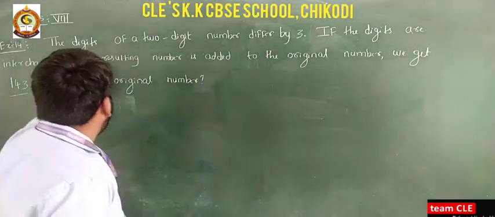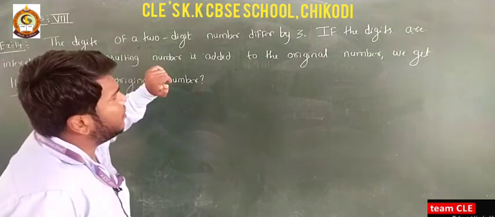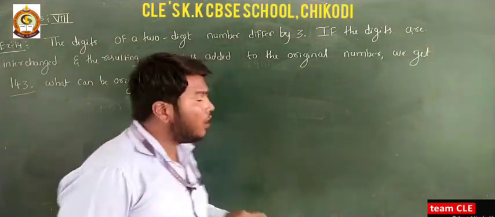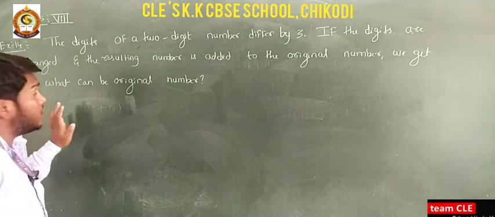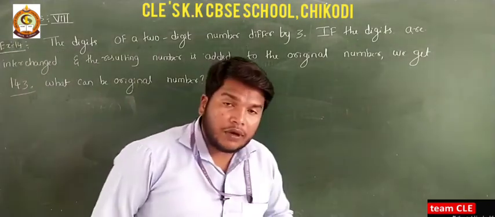If the digits are interchanged and the resulting number is added to the original number, we get 143. What can be the original number, they are asking.